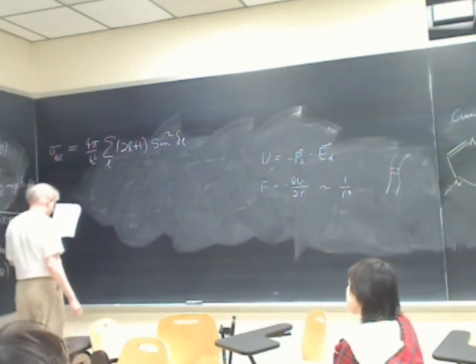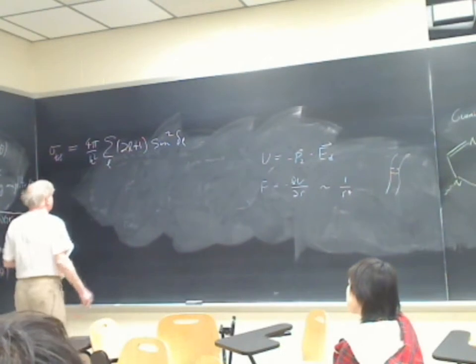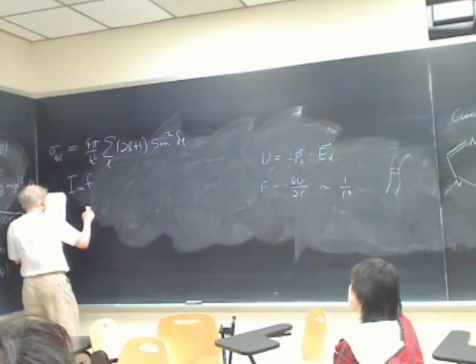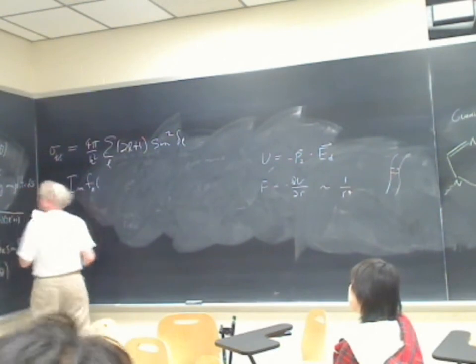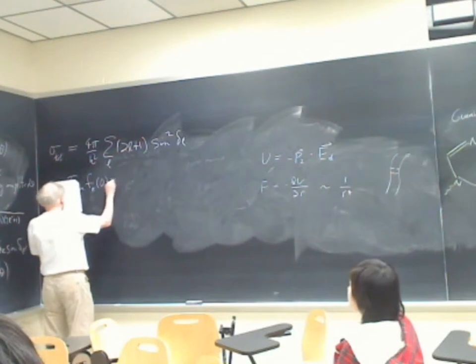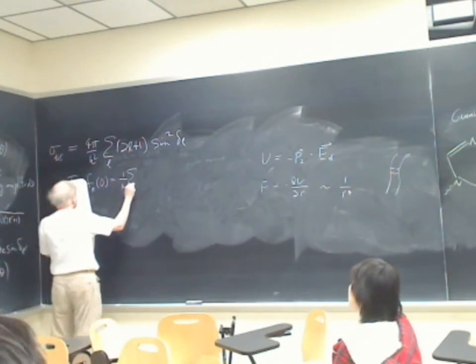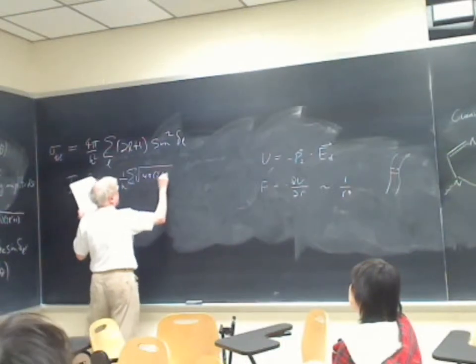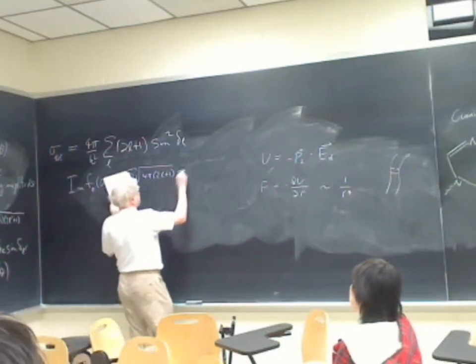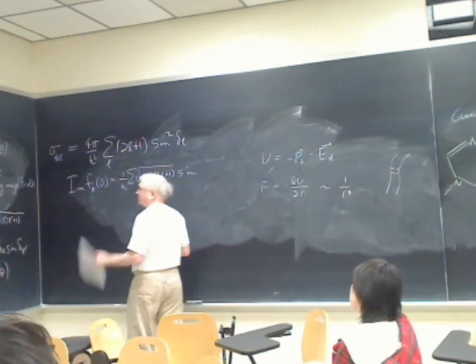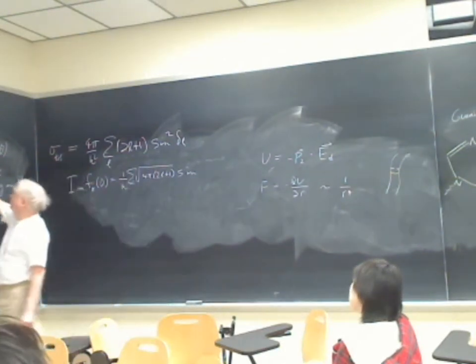Well, first of all, I need to look at the imaginary part of the forward scattering amplitude. So that's f where theta is equal to 0. This then is 1 over k, sum, square root of 4 pi, (2L plus 1), sine, oh, the imaginary part.